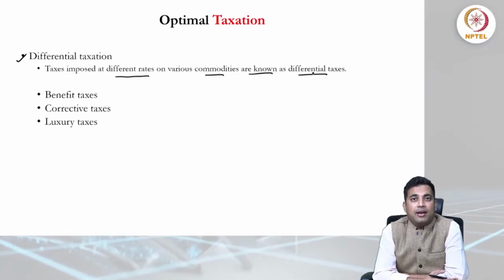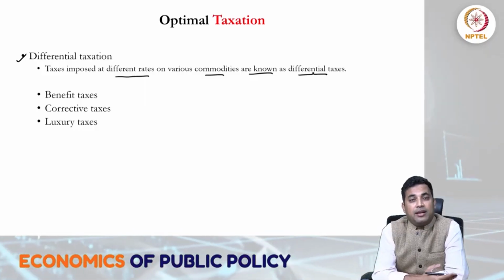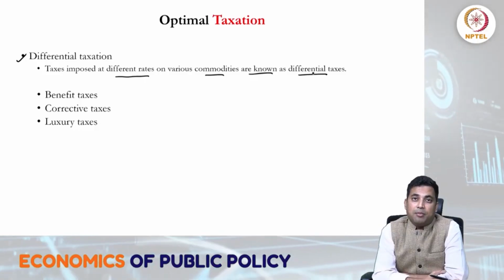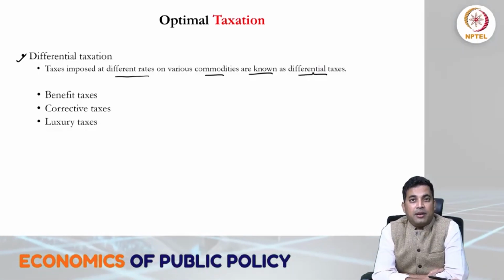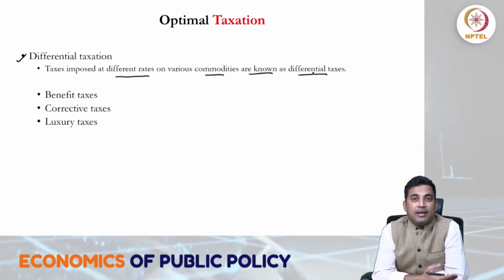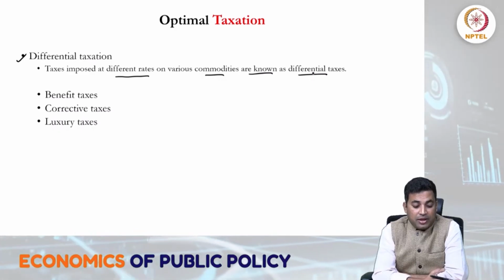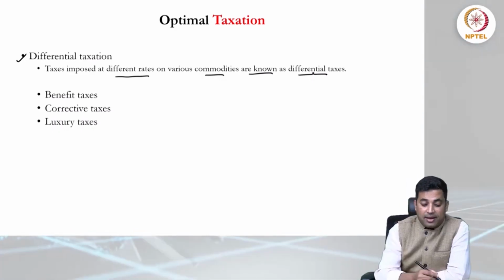If you go there and pay taxes, only restaurants will get the taxes from the people who have used them, or passengers who are traveling by flight will pay taxes to the airport, and that will go to the airport authority. So one can say that these are examples of benefit taxes.